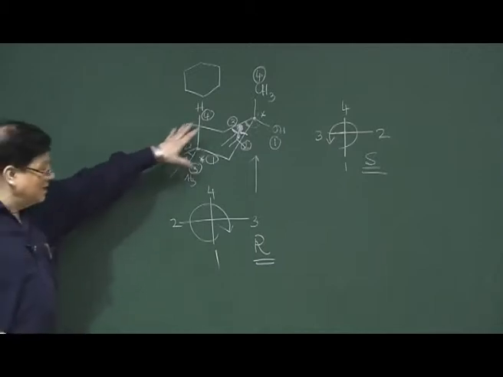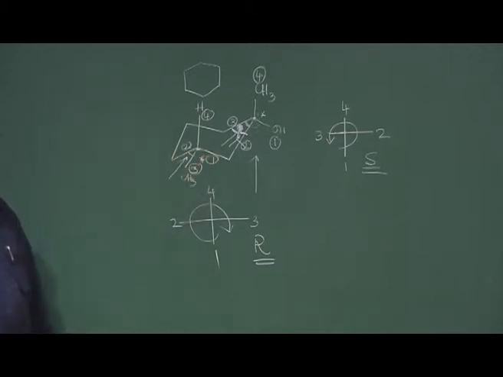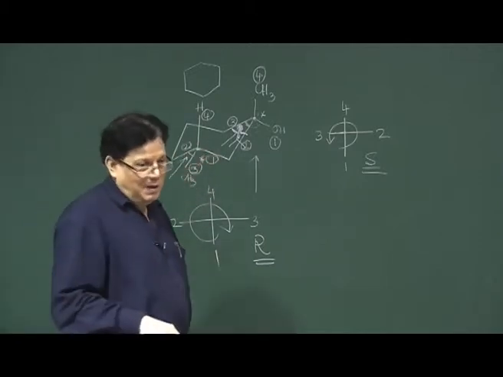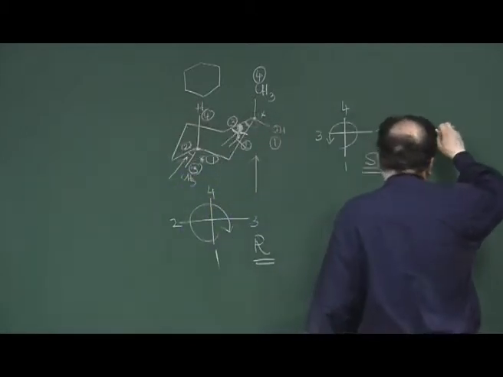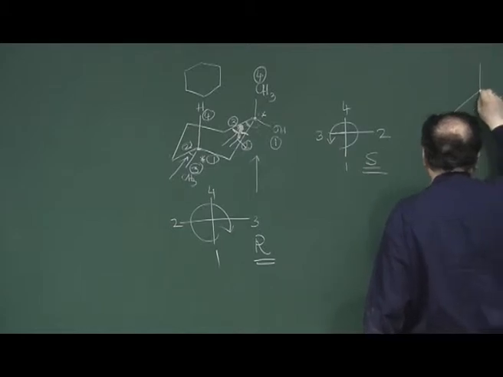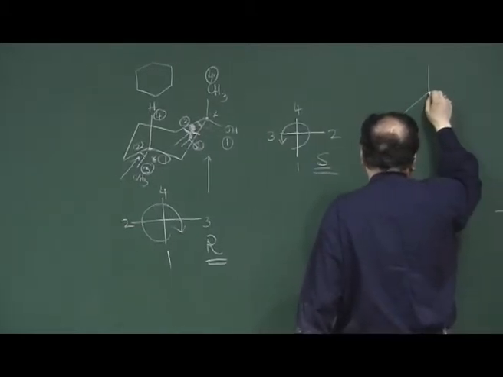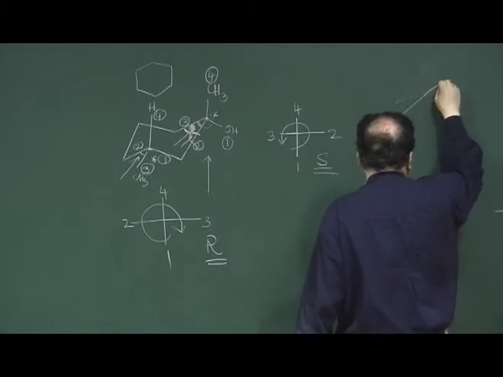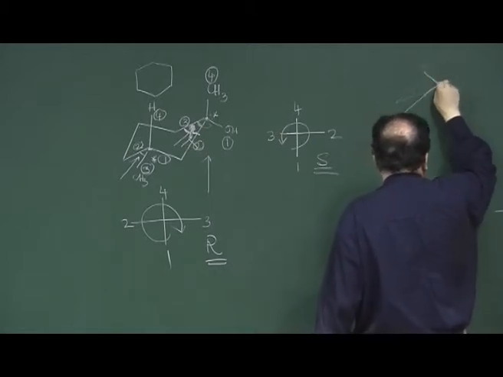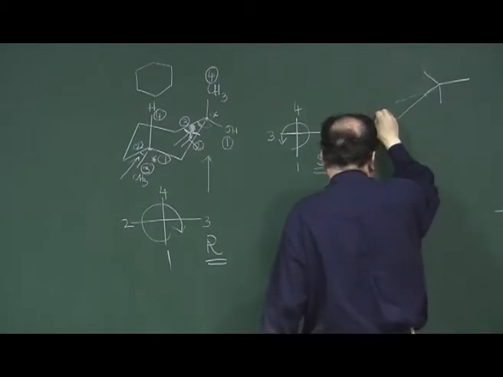So, these are some of the tricky situations, especially in cyclohexane systems when written in this form. The same thing will happen if you draw it in the sawhorse formula also.